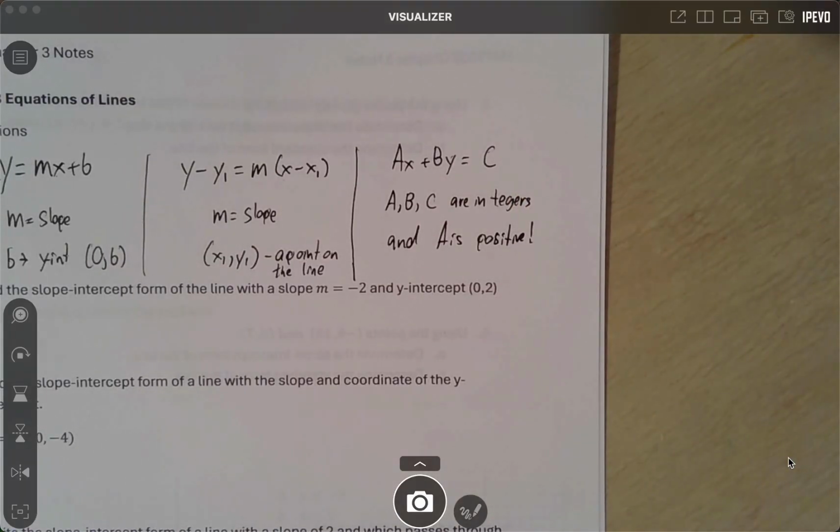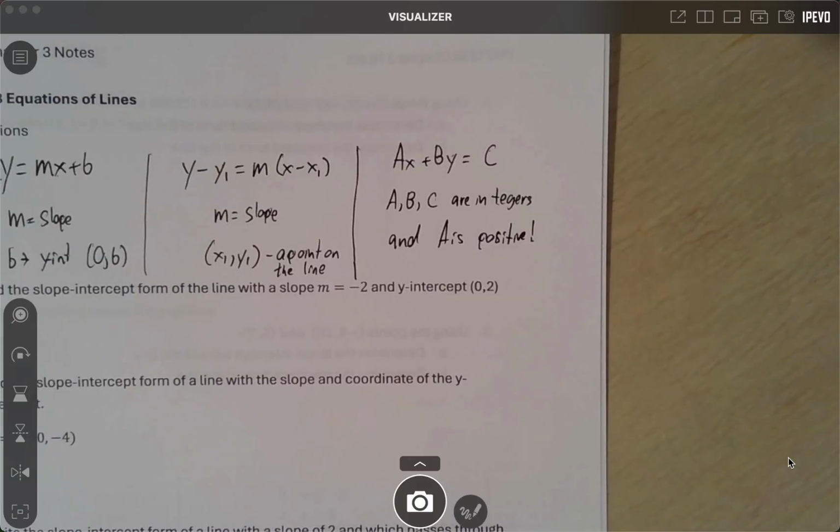Now, honestly, the thing about ax plus by equals c is I would almost argue there's not really anything super easy to see about this line. It's not really useful, but problems will sometimes be written in that way in this class, almost just to give us trouble, but just be aware of that.